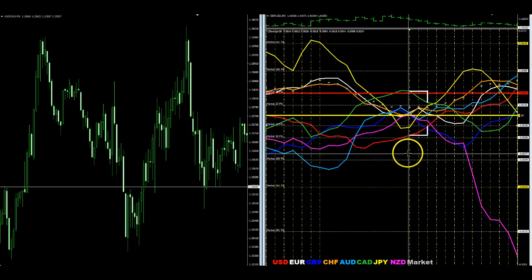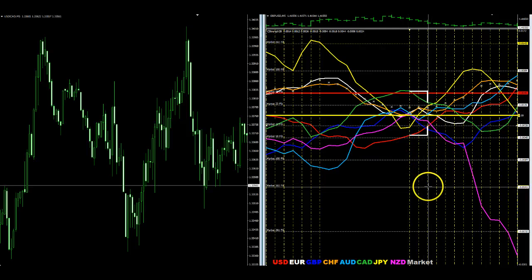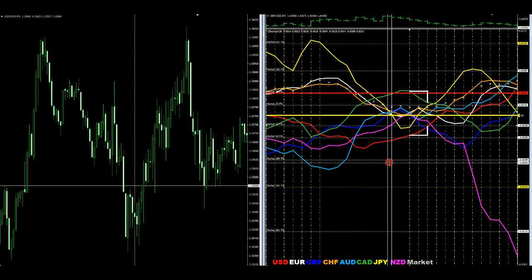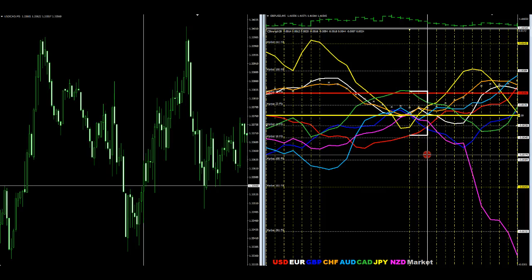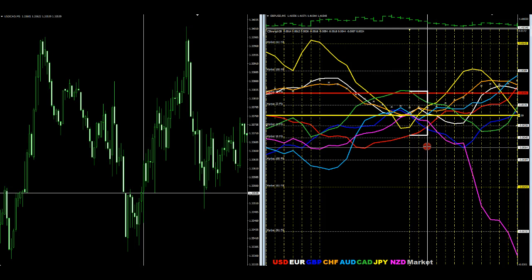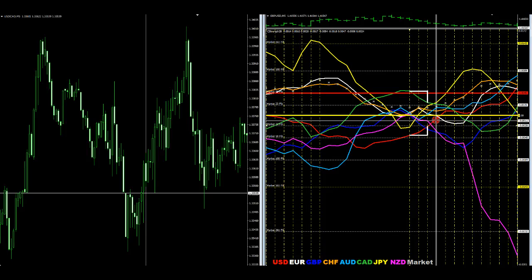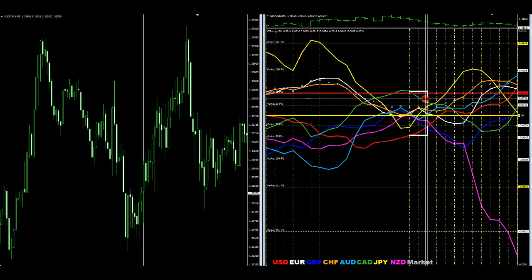Now I've got a tool that's called a multi-sync tool. It's my crosshair, which shows up on multiple screens when I move it, which makes it really nice for studying historic price moves. So if I were to look at this as an entry, set it right there at 9:40 New York time, I'm looking at dollar CAD, and I'm looking for it to go long because the dollar, the red line, is going up and the CAD is coming down.